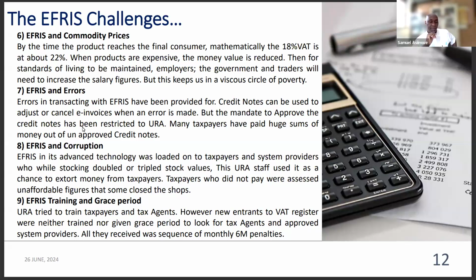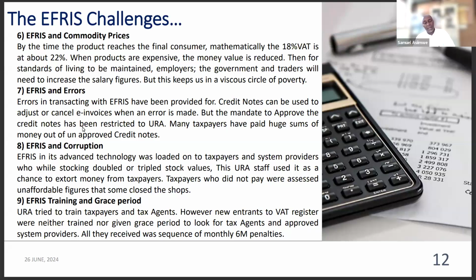The ninth is the EFRIS training and the grace period. As URA was rolling out, or as it's rolling out, the EFRIS to the taxpayers, URA tried at first; they trained the taxpayers, they trained the tax agents. However, I'm talking about this new entrant on the VAT register.